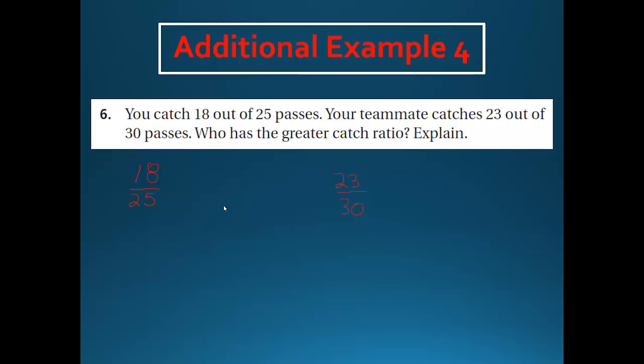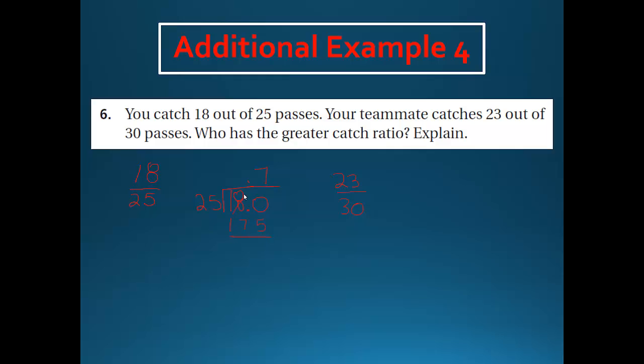To find our decimal, we need to divide. So we can do 18 divided by 25. 25 will not go into 18, so we put a decimal in and a 0. And now 25 goes into 180 7 times. And 7 times 25 is 175.